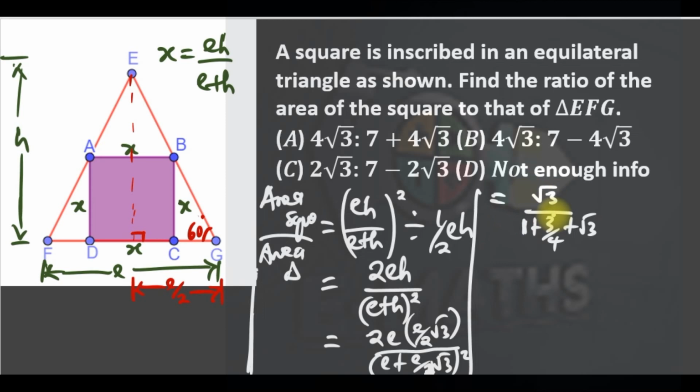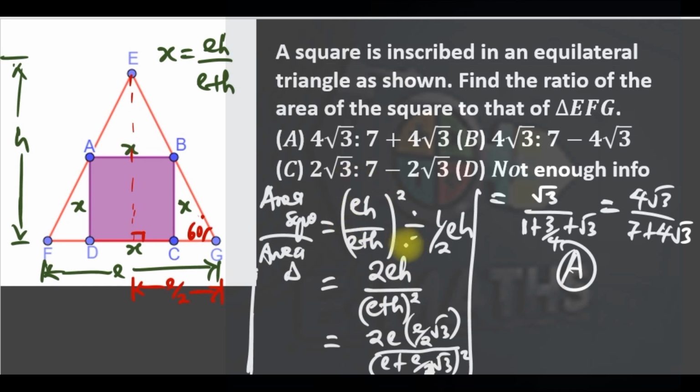So what we are left with is 4 times that: 4 times 1 is 4, 4 times 3 over 4 is 3, 4 plus 3 is 7, plus 4 times root 3 is 4 root 3. So that's our answer. The answer is 4 root 3 to 7 plus 4 root 3, which is option A.